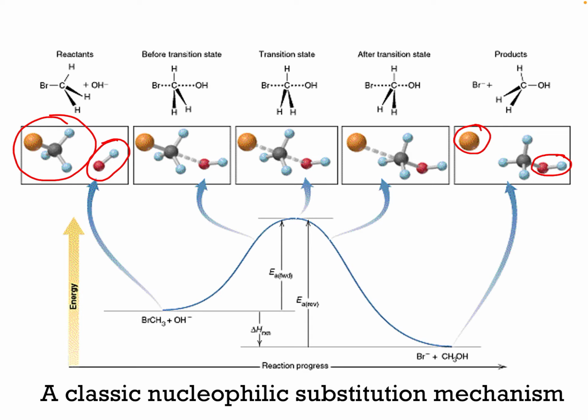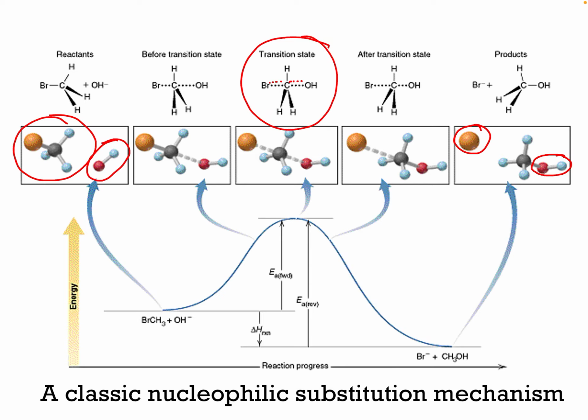In the middle though, in the transition state, we have where carbon is still partially holding on to the bromine, but it's partially starting to form this bond to the oxygen. Okay, that is a very high energy species. And so it's not going to hang around all that long, and it's going to be gone in an instant.